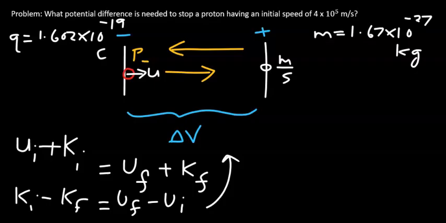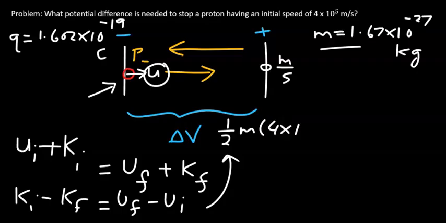So Ki is the kinetic energy of the proton when it is at the negative region. So that's given by half times the mass, times the initial speed squared. The speed at that point is 4 times 10 to the power 5, square that.